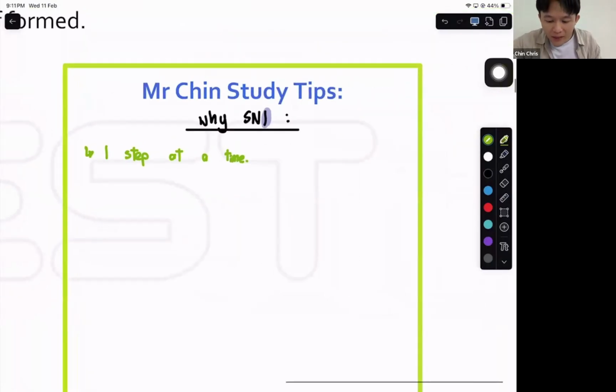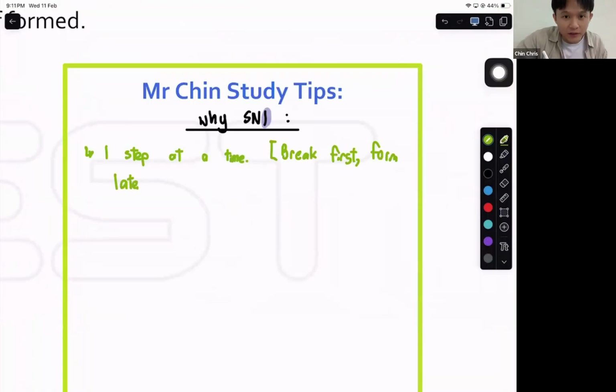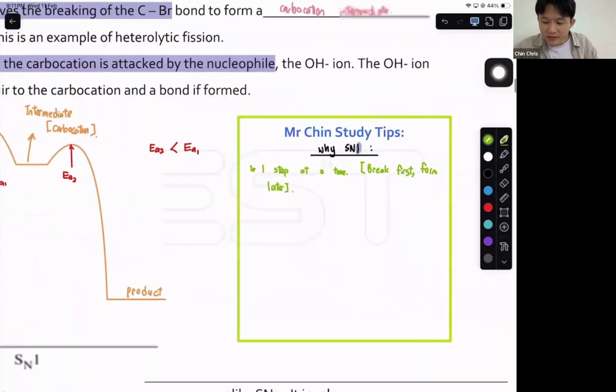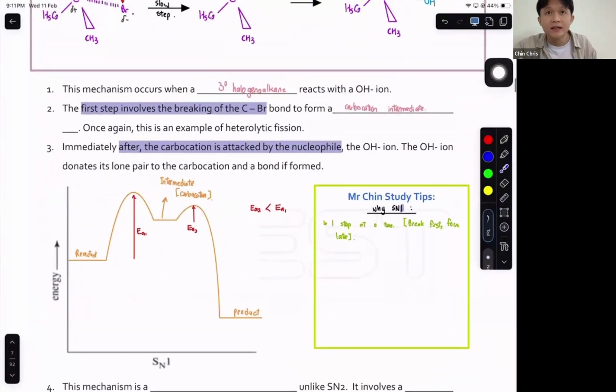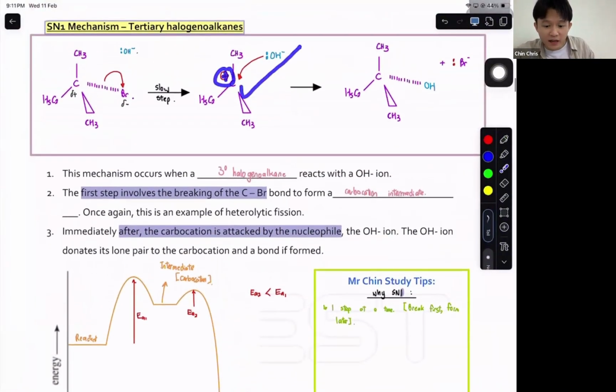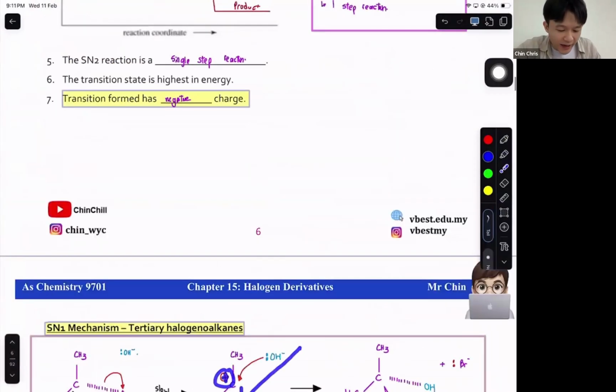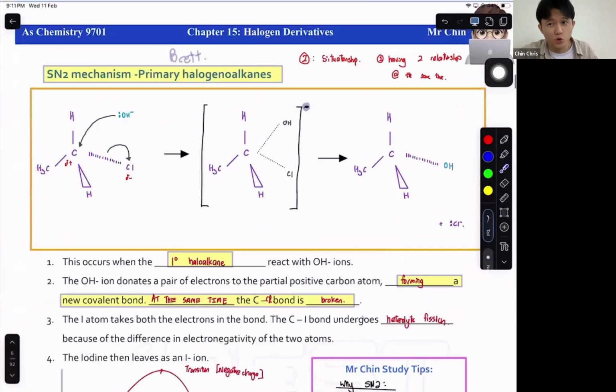So basically, you have to break up first, make yourself available first, then form a bond later. Understand? You break up first, you form a bond later, is positive. But if you are forming and breaking at the same time, bro, don't, this is negative.